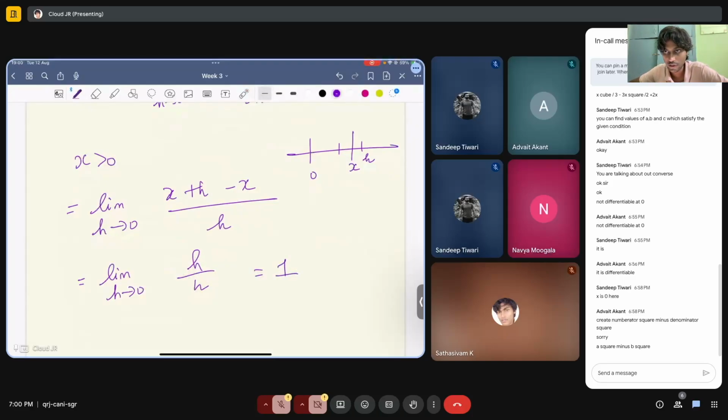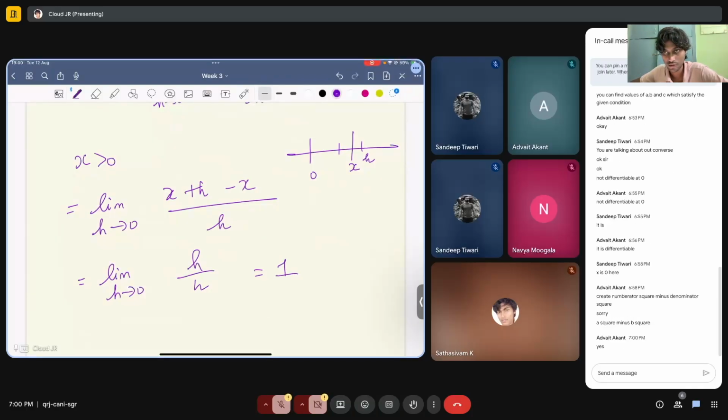This a square minus b square. Are you still talking about this one, mod x only? Where is a square minus b square?